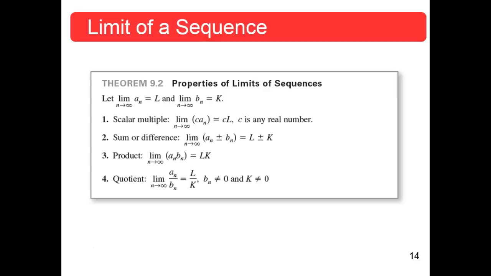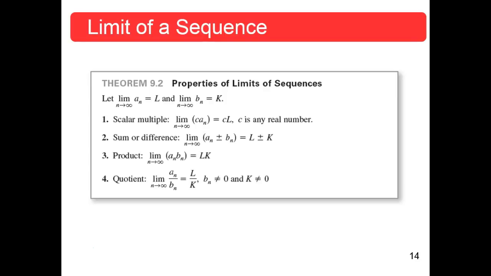First property of the limit of a sequence: scalar multiple. For any real number c, the limit as n approaches infinity of c times a sub n is, you can pull the c outside, and then you have the limit of this, and that would be c times L.